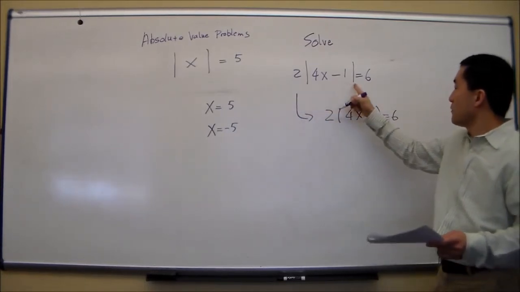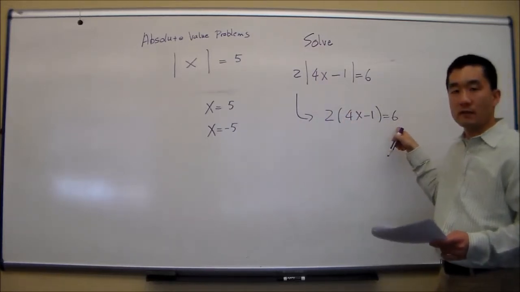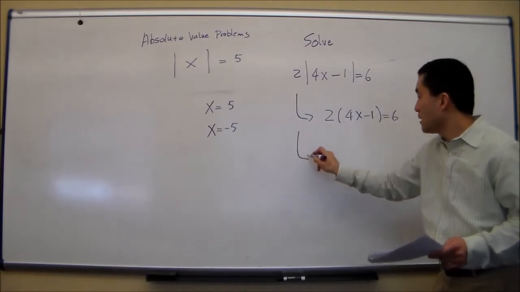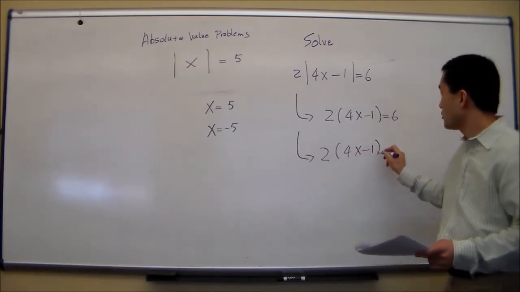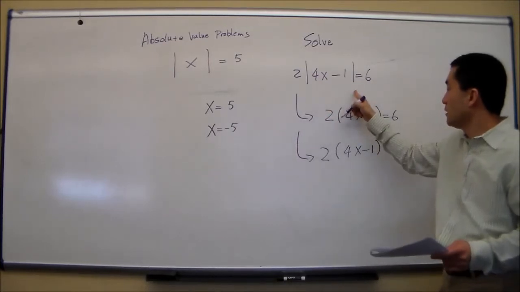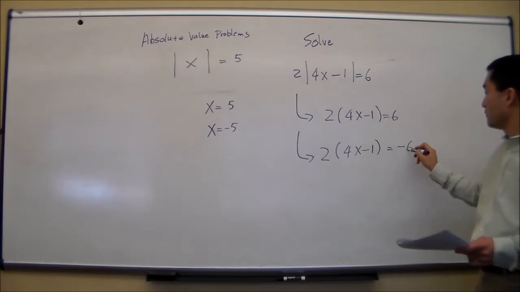For one, just rewrite the absolute value signs as parentheses and leave the right-hand side as is, positive 6. The other one is to do the same thing, change the absolute value signs into parentheses, but then make the right-hand side a negative.